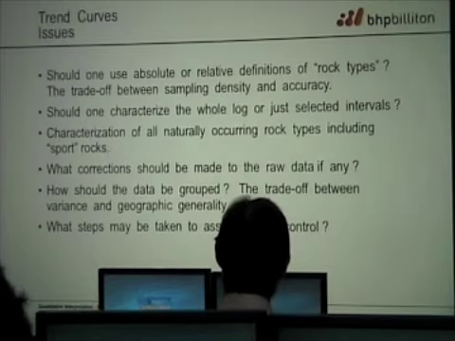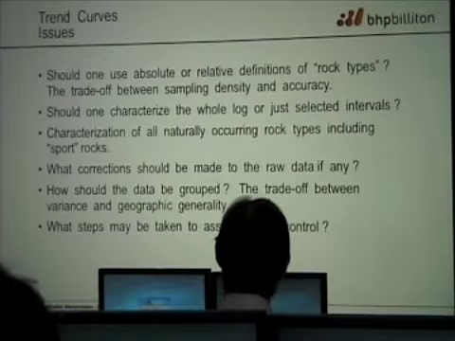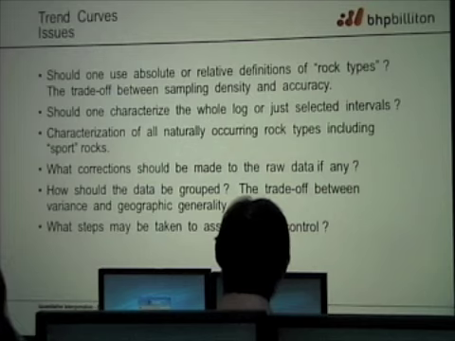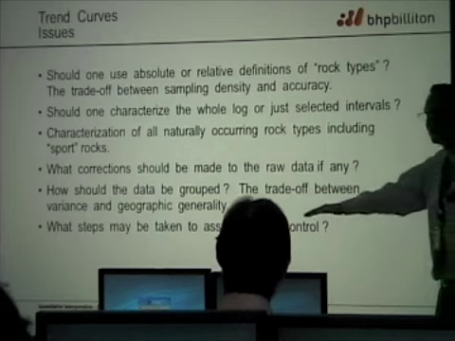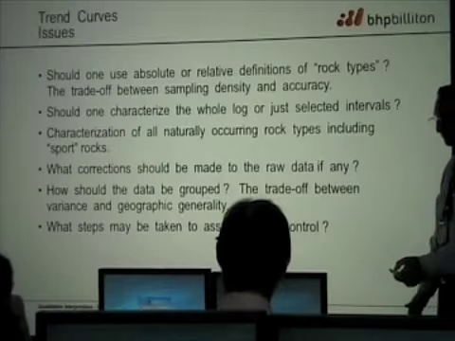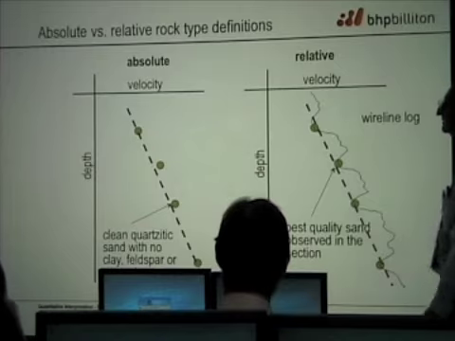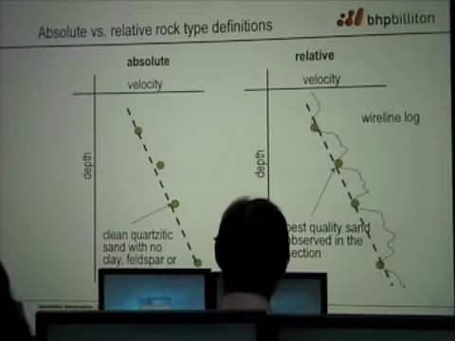What corrections should be made to the raw data, if any? That's a good question. How should the data be grouped? That's what Terry's asking. Trade-off between variance and geographic generality. What steps may be taken to assure quality control? I'm going to deal with some of these, at least, in the next few cartoons, and that's all they're going to be, is cartoons. What do I mean by absolute versus relative rock type definitions?